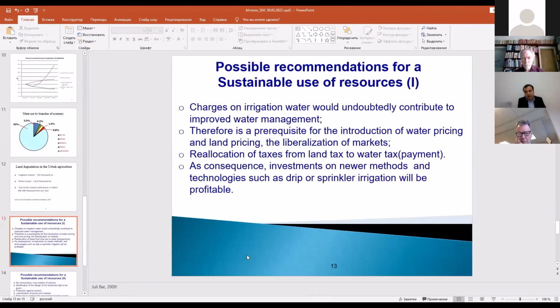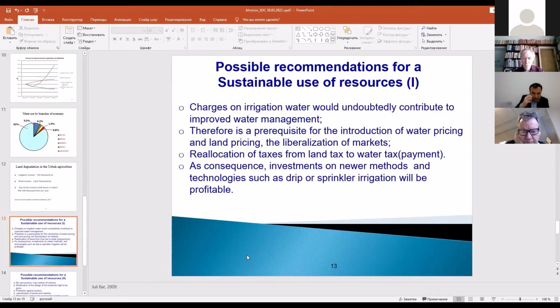We have revealed some recommendations for sustainable use of resources from the available literature. The first one is that charges on irrigation water would contribute to improved water management, because water, especially for agriculture purposes, is almost free.